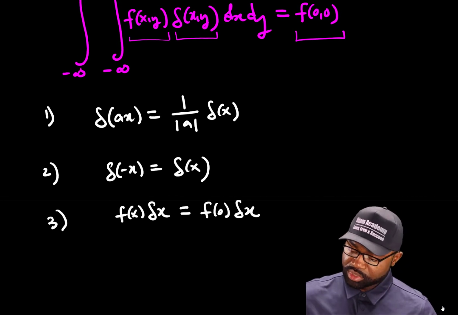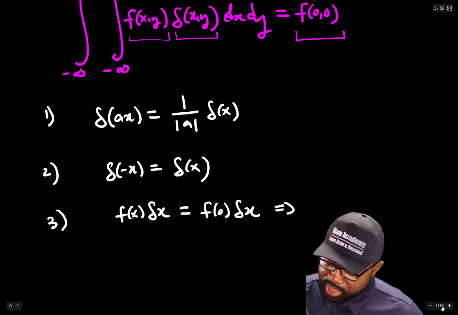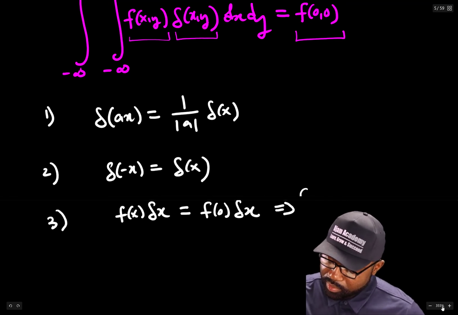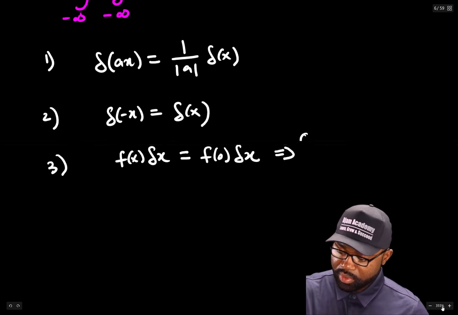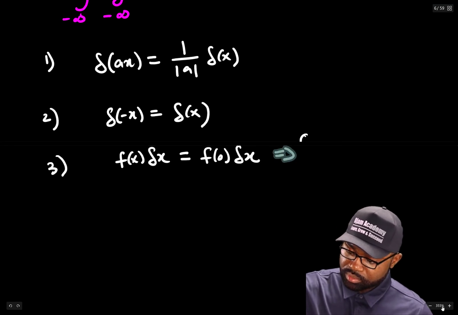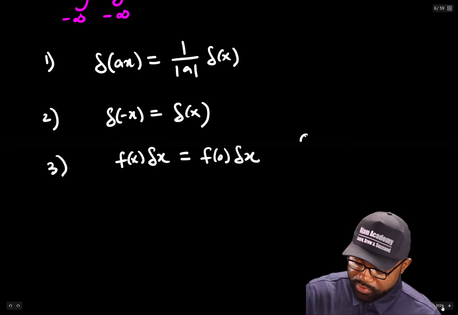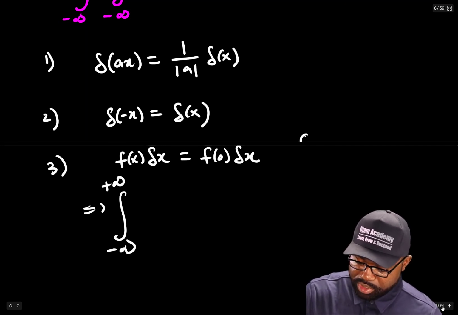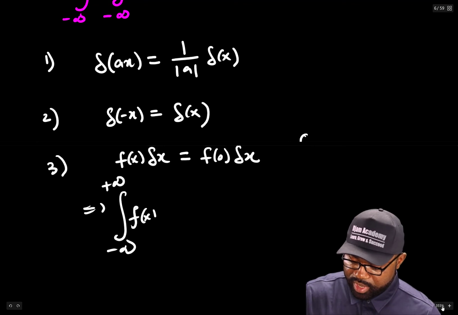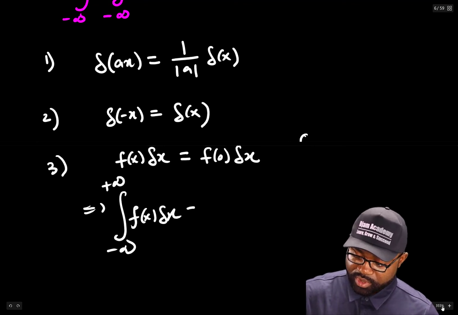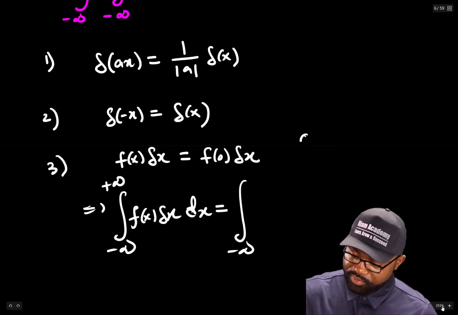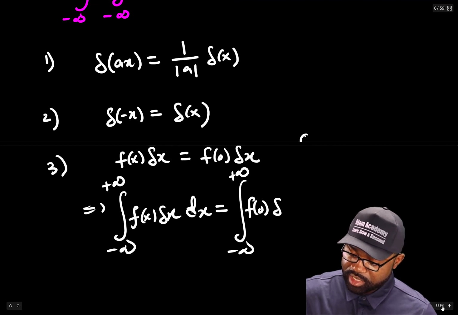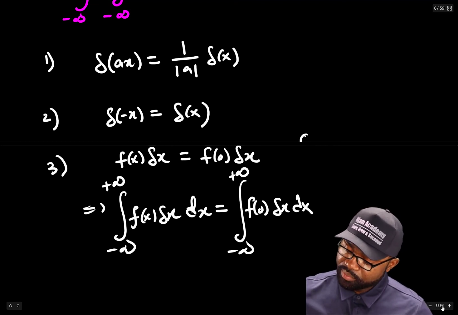It's very important because this implies that the integral from negative infinity to positive infinity of f(x) δ(x) dx is equal to the integral from negative infinity to positive infinity of f(0) δ(x) dx.